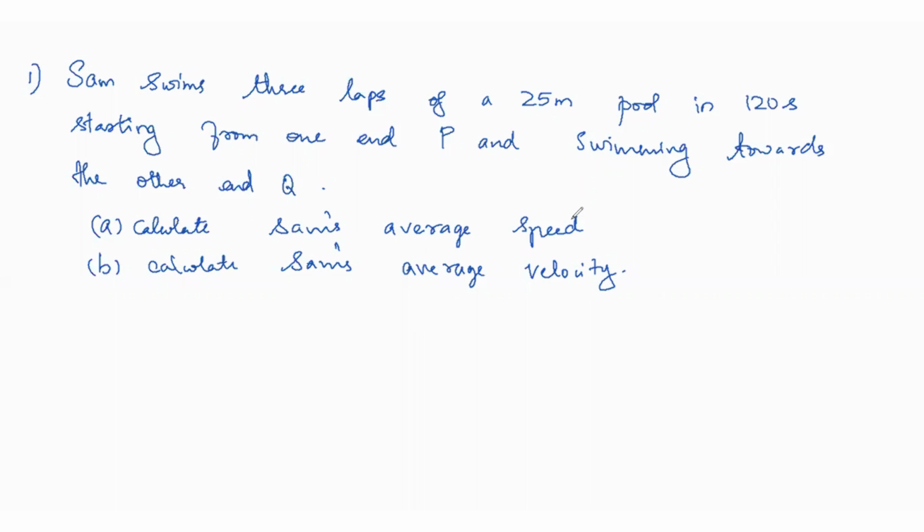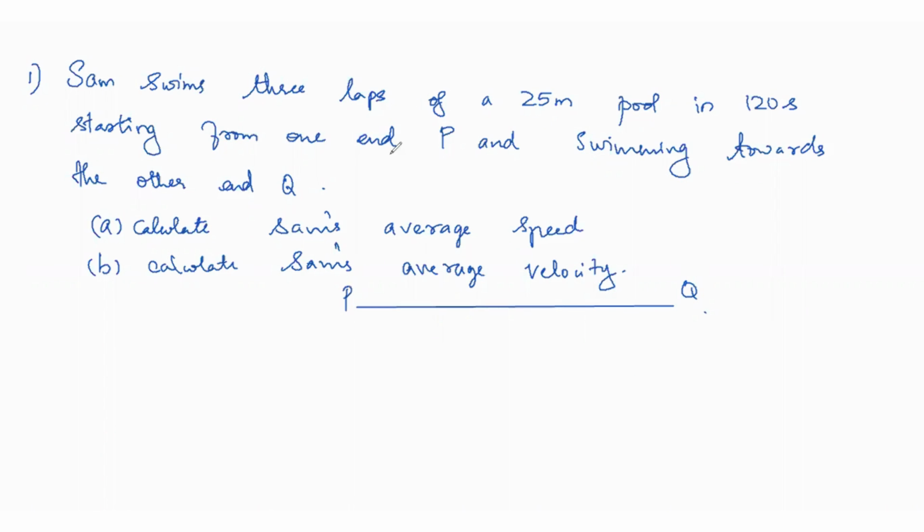The question is that Sam swims 3 laps of a 25-meter pool in 120 seconds, starting from one end P and swimming towards the other end Q. So he starts from P and ends in Q. So this is P and this is Q. But he took 3 laps.